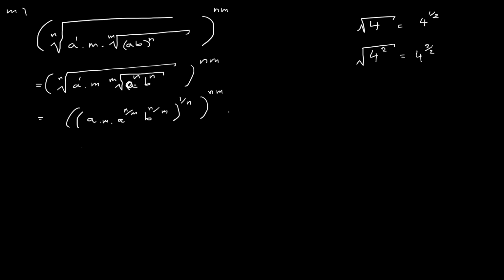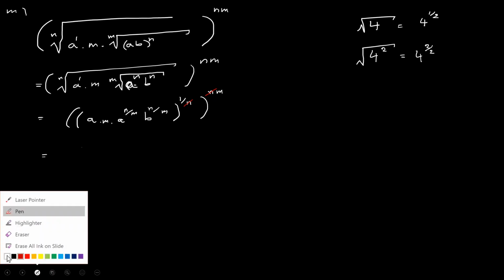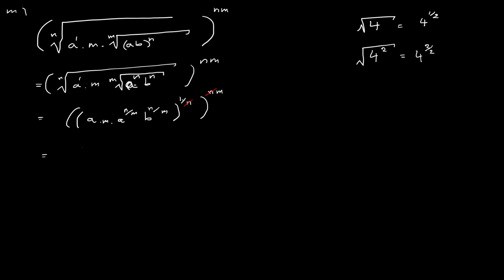Okay, now there are a couple of ways to simplify this. Either you start by working out these things and bring that down, or you first work this out and then you work that out. I'll do it like this. Basically, because an exponent to an exponent means you're multiplying these things, that means that you can cancel some things. It means that this n and this n are going to cancel each other out. Now we can rewrite it, and all we get here is basically to the power of m.